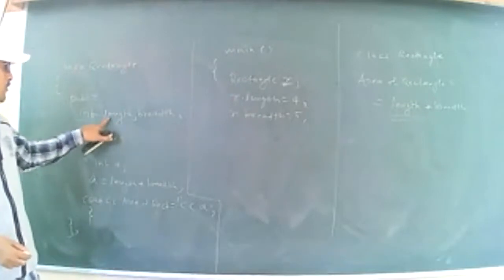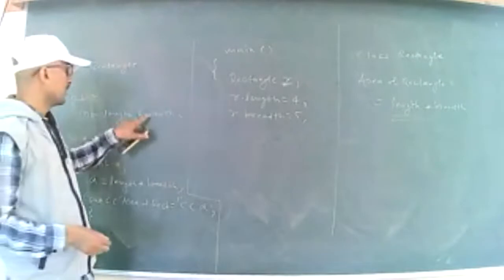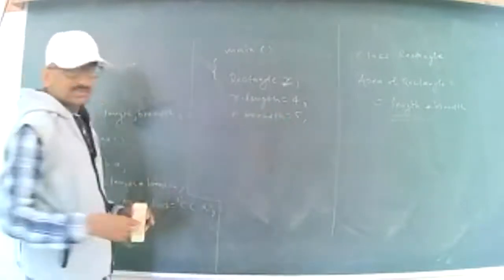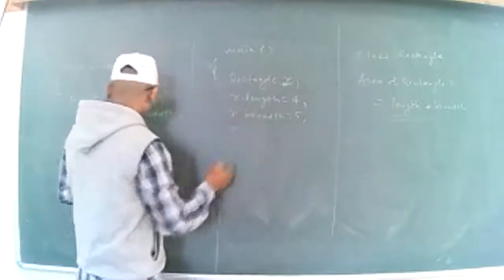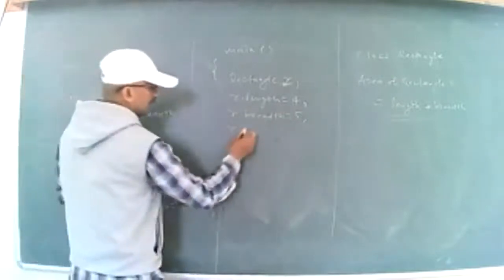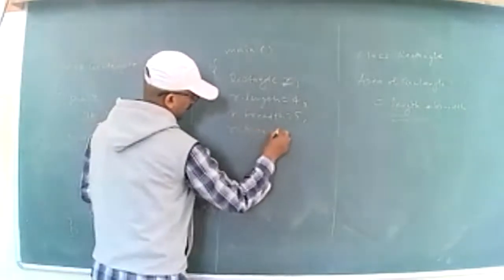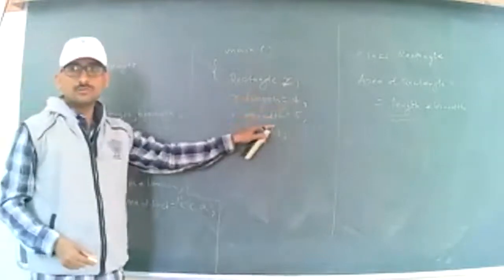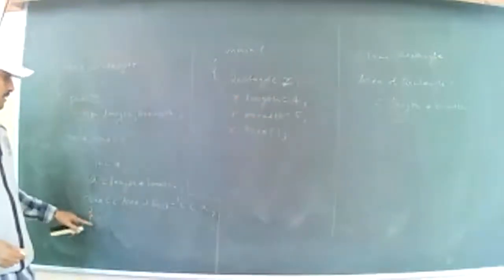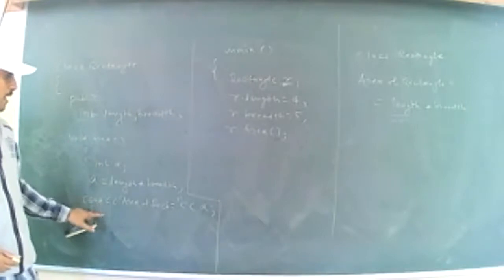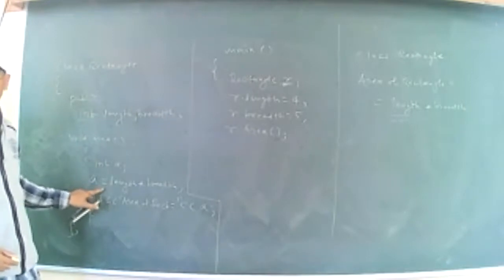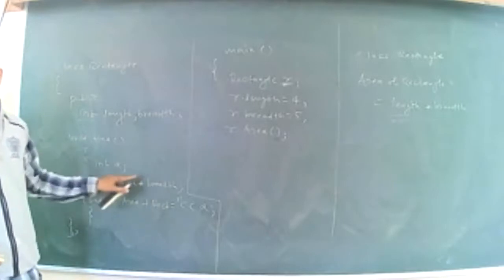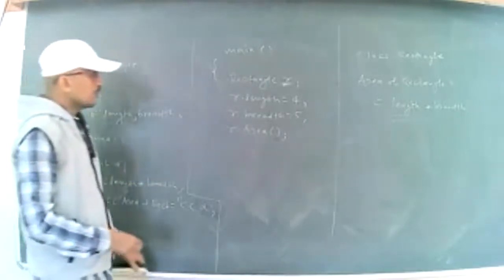Means the value of length is 4 and breadth is 5. Whenever you call the function R.area, these values are going to be used in your class, and according to these values you are going to get an output as the area of your rectangle.